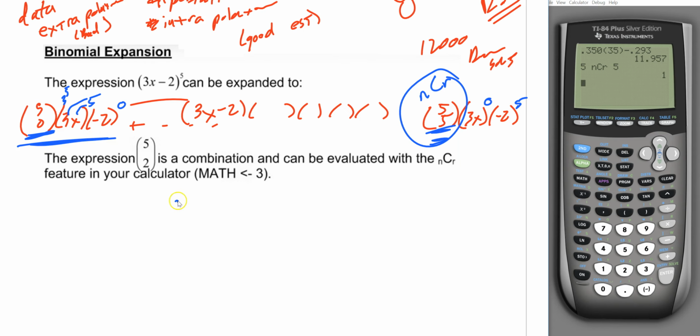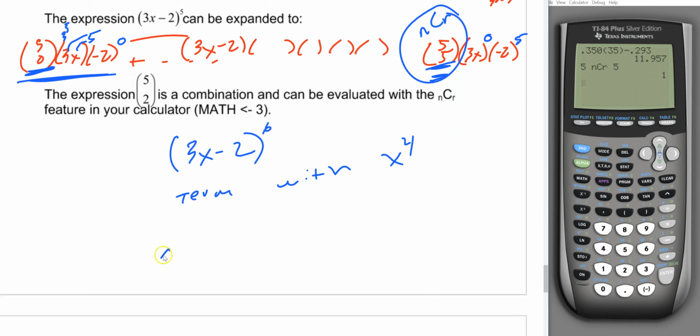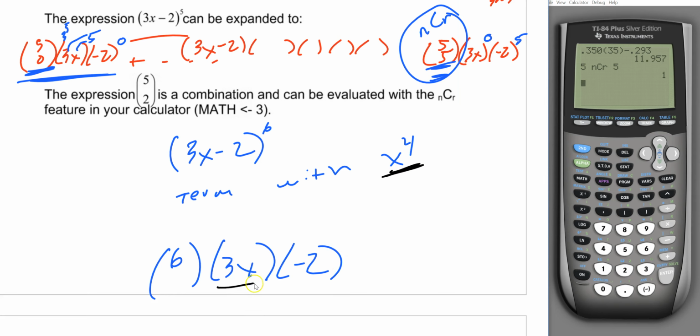So most of the time they'll actually ask you a question more like this: (3x minus 2) to the 6. Let's find the term with x to the 4th. In that case, I go, okay, it's 6, it's 3x, it's -2. If I want x to the 4th, that means I want this exponent to be a 4.